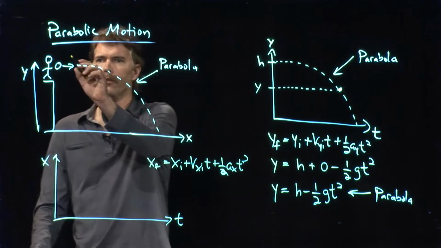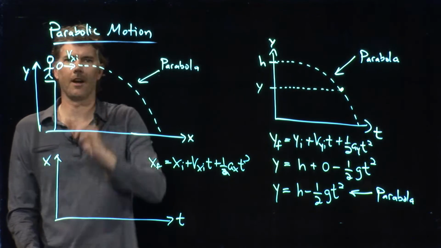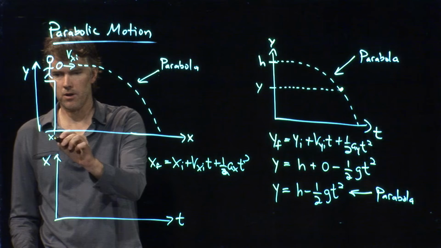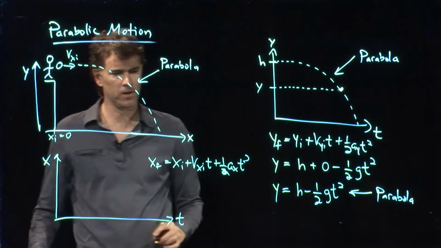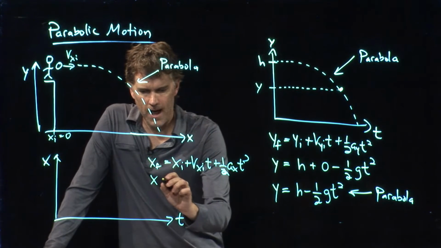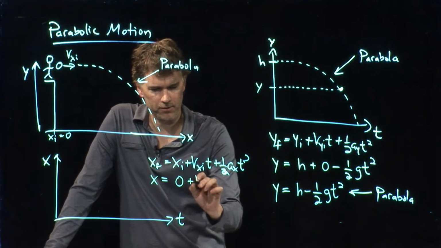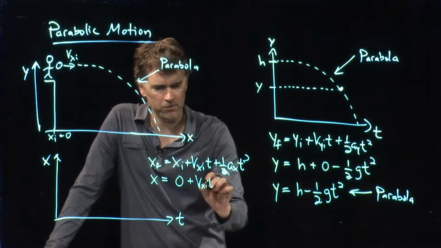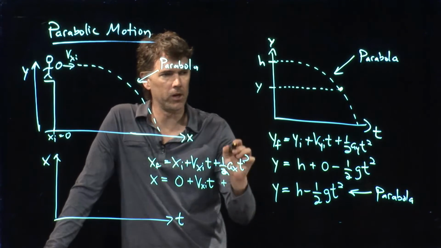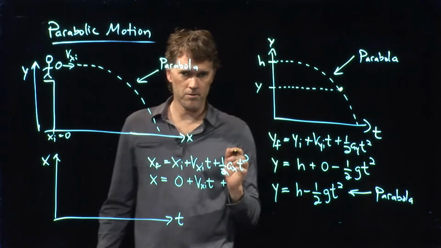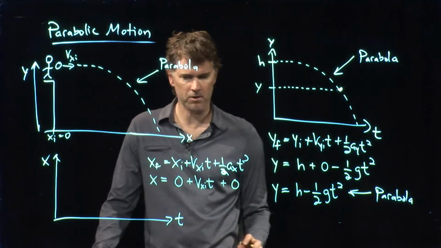We can say that xi equals 0 is right where we started from. So x as a function of time will be 0 plus vxi times t plus, what is a sub x for projectile motion? 0. So that last term is 0.